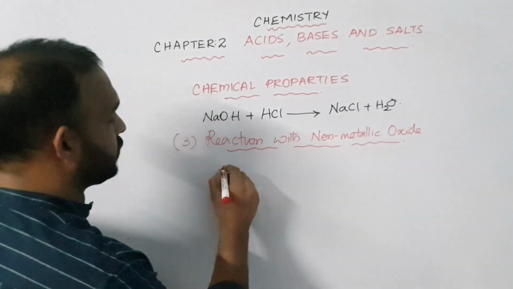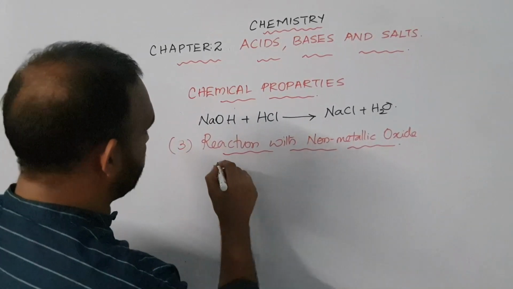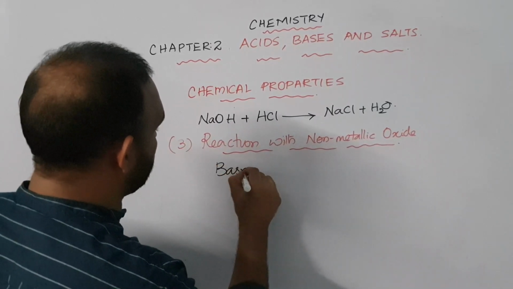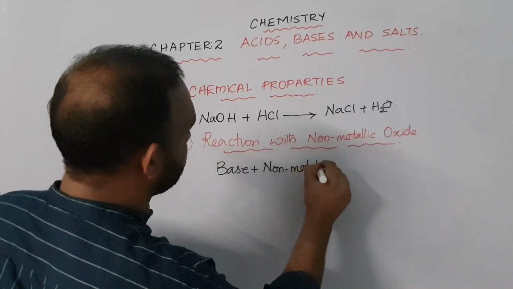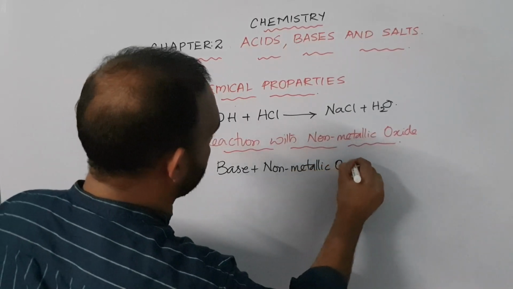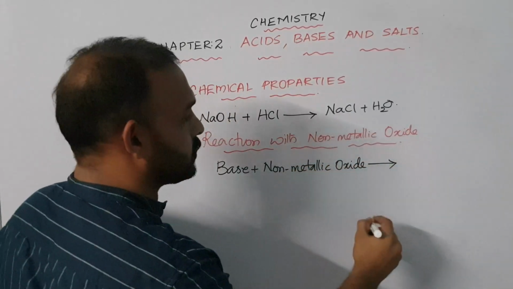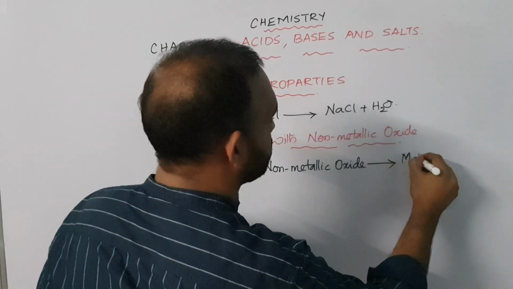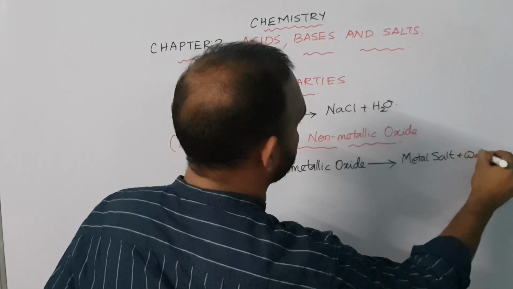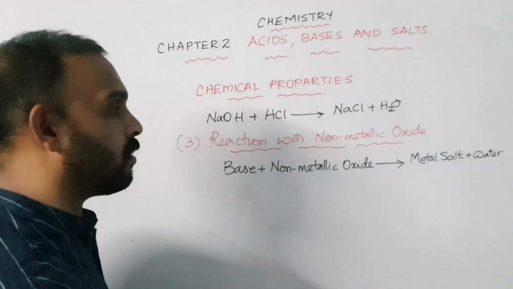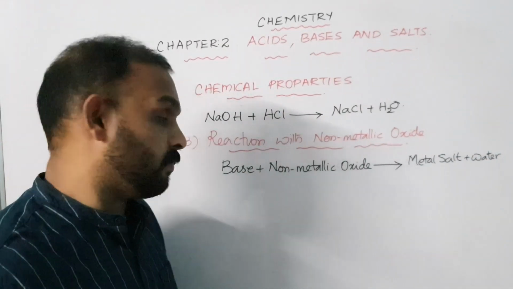So we can write it like this: base plus non-metallic oxide gives metal salt plus water. We will get a metal salt and water will form.